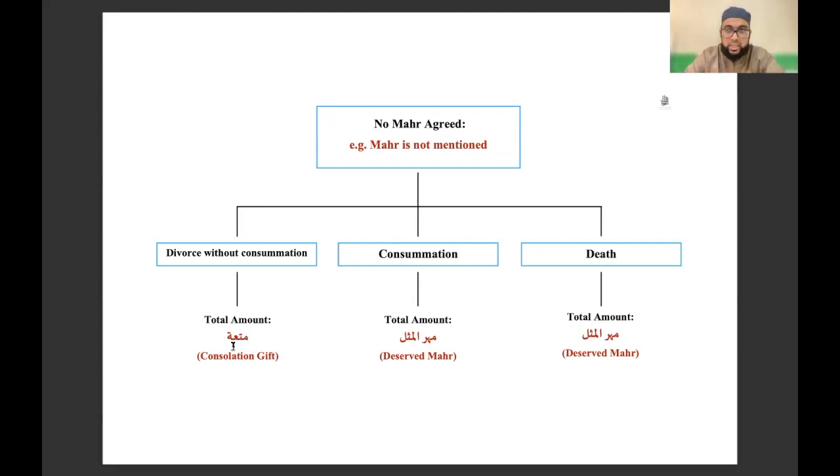He has to give mut'ah, which is basically 3 pieces of clothing, and we'll discuss this in the last lesson, unless the 3 pieces of clothing are worth more than half of mahrul mithil. So let's say her mahrul mithil is 10,000 pounds. So half of mahrul mithil is 5,000 pounds. If the 3 pieces of clothing are worth more than that, then she will only get half the mahrul mithil. Hope that makes sense, inshallah.